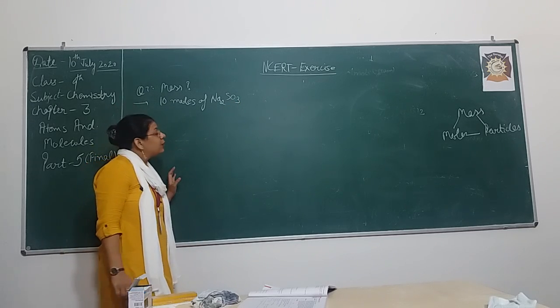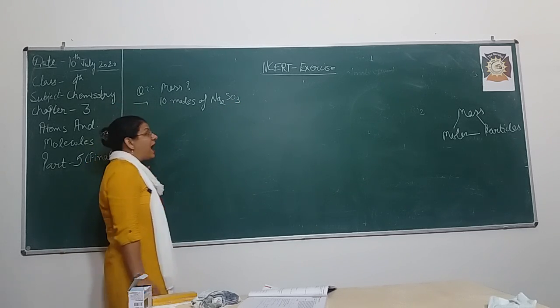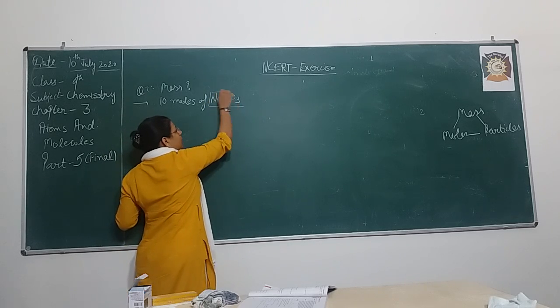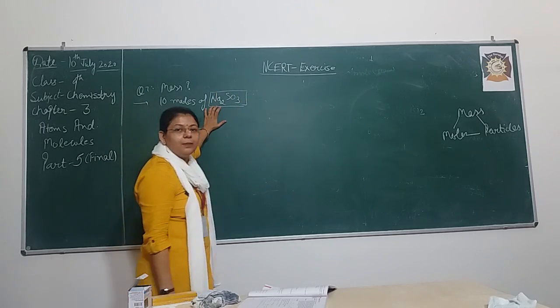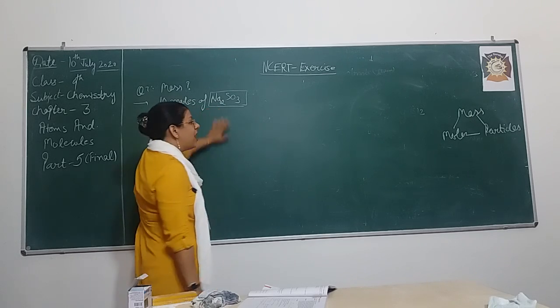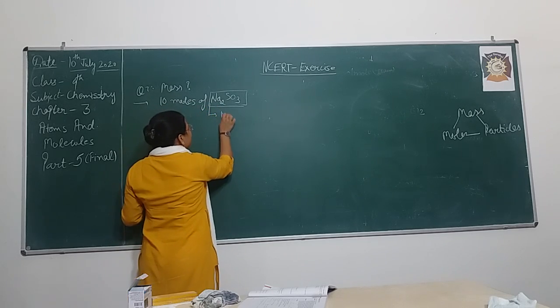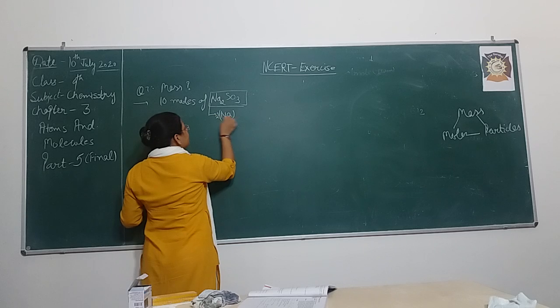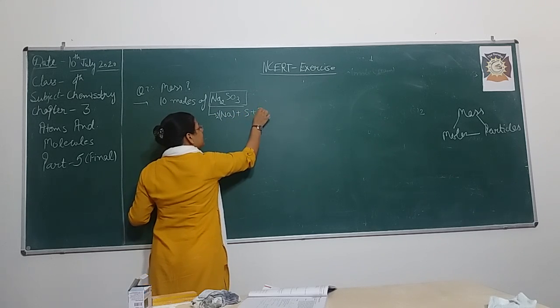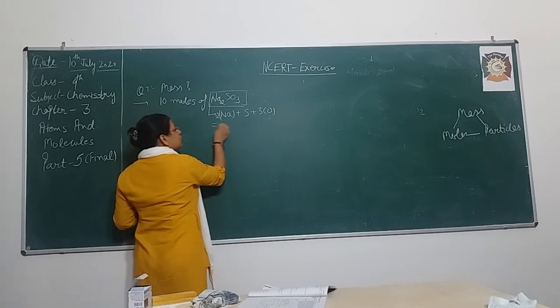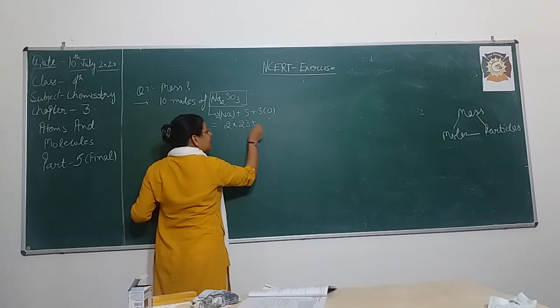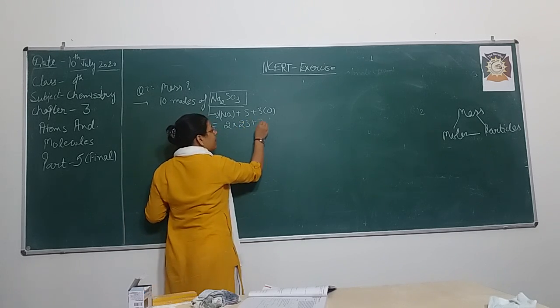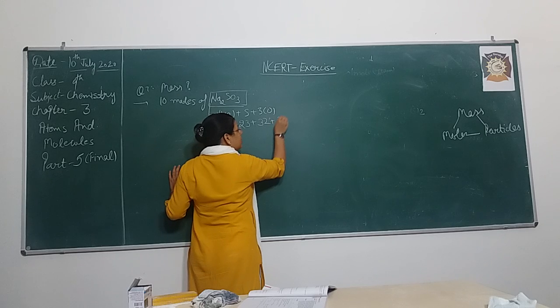The trick to solve the numerical: first see which element or compound he is talking about, and after identifying that compound, calculate its mass. Here the mass is 2 units of Na plus sulfur plus 3 units of oxygen. Sodium is atomic number 11, mass 23. Sulfur is 16 atomic number, 32 mass.